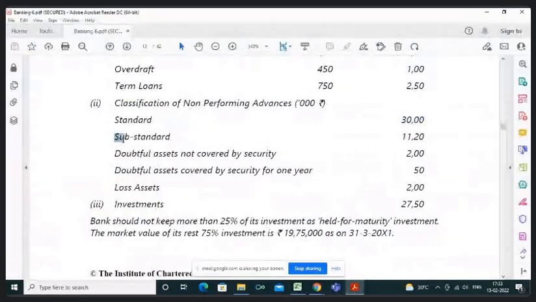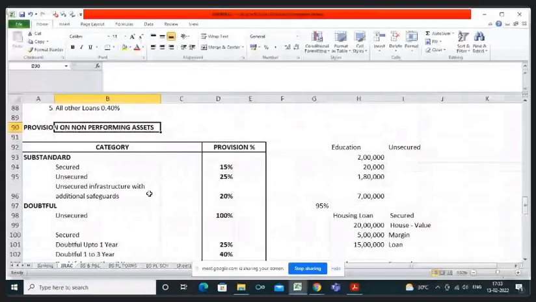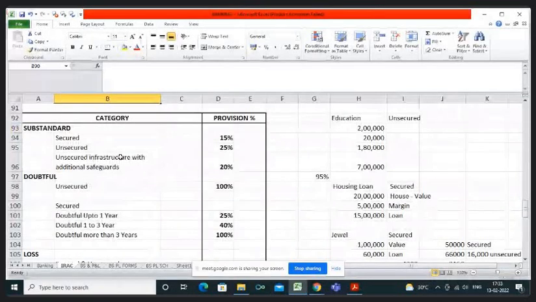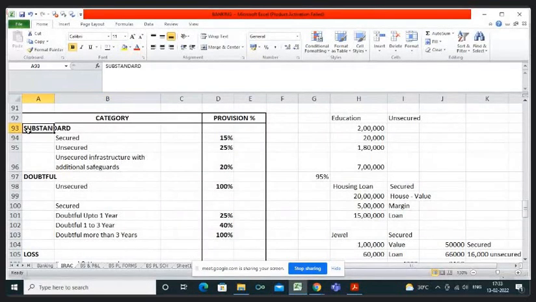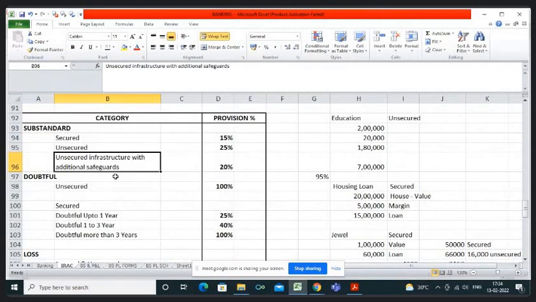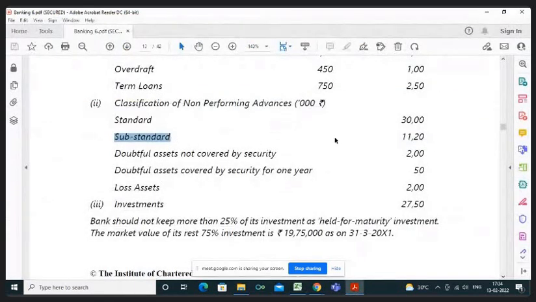Then substandard. In substandard, what should we know? We should know whether it is secured or unsecured. Because see the table. Do you remember this table? We have this particular table where we have provision percentage on NPA. There we have to see if it is substandard, whether it is secured or unsecured, or an infrastructure loan with additional safeguards.